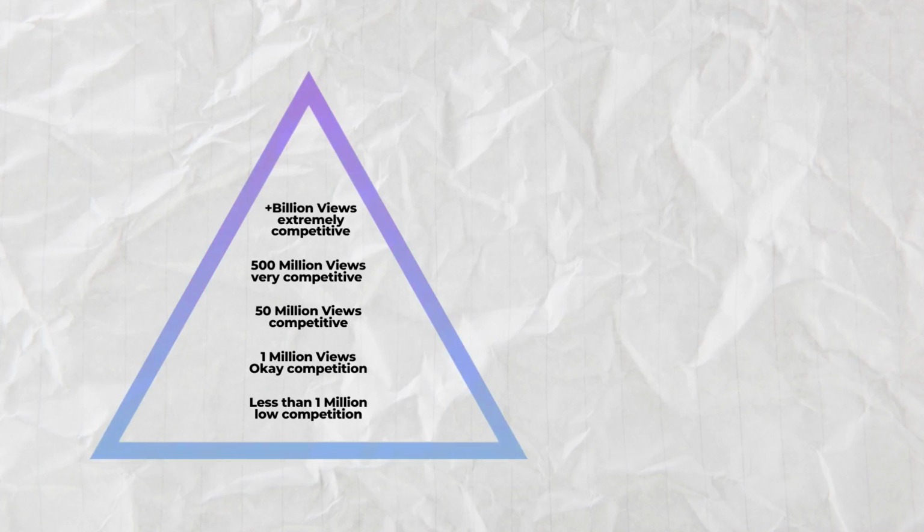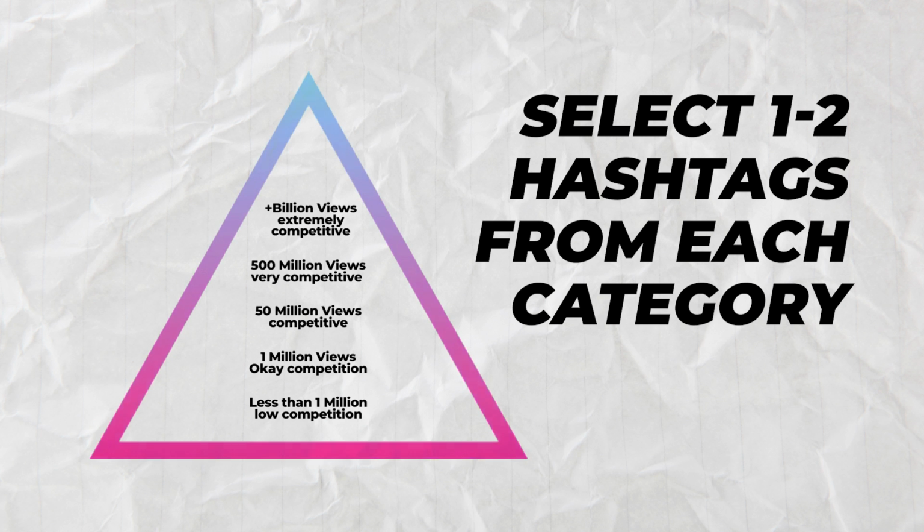Please share it with the most relevant people on TikTok. And the reason why less competitive hashtags are still really important on TikTok is because it's going to give you the best opportunity for your videos to rank on TikTok. When selecting your TikTok hashtags, select at least 1 to 2 hashtags from each category, and that is going to give you a really solid TikTok hashtag strategy and give you the best chance for your video to go viral on TikTok.